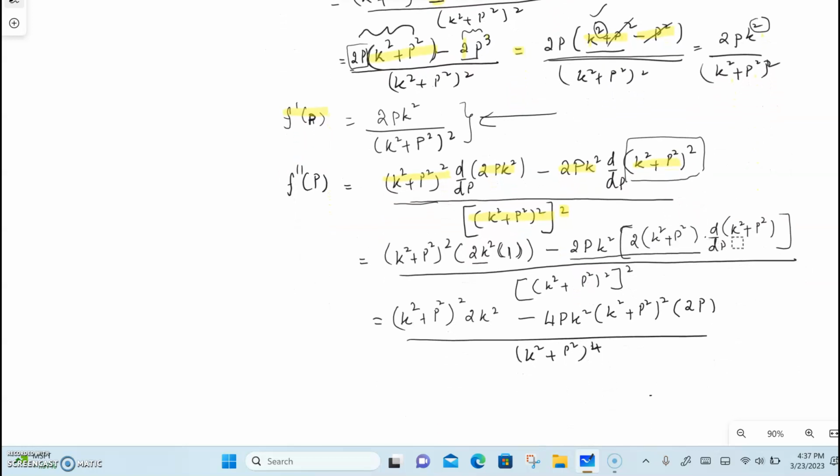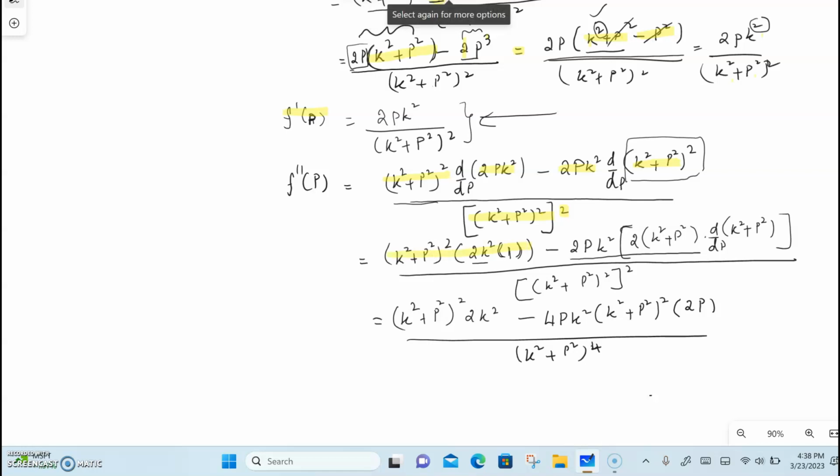So we are using the chain rule. K squared plus p squared the whole squared is to the fourth power in the denominator. K squared plus p squared in the numerator, the whole squared, times 2k squared, after simplifying the first part of the expression.